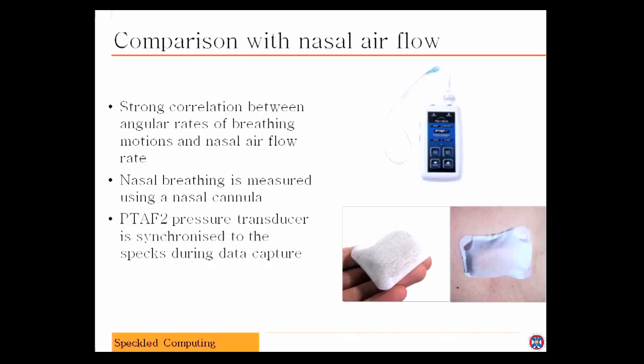What you see here is that if you were to breathe, then you have a nasal airflow, and you can measure this nasal breathing using what's called a nasal cannula, which has a pressure transducer in it. The question is, can we synchronize this to the specs during data capture and demonstrate whether there's a good correlation?